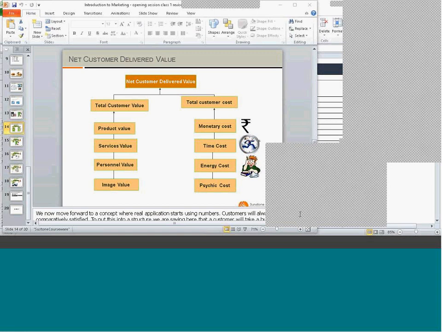The negative and positive values also don't make any difference. I will put all those things on the LMS. Between the 2 brands, you are only comparing. Either positive is a better NCDV or negative is a better NCDV.